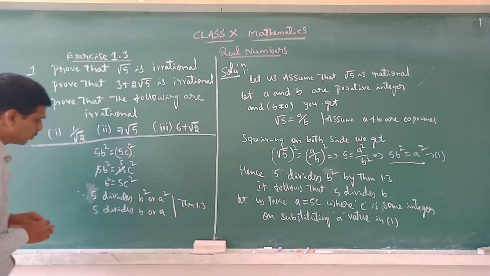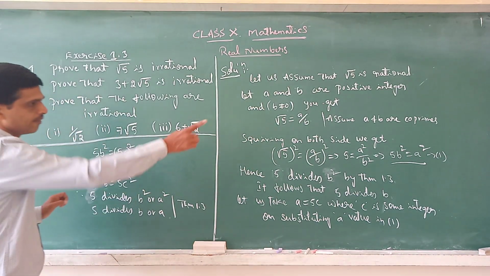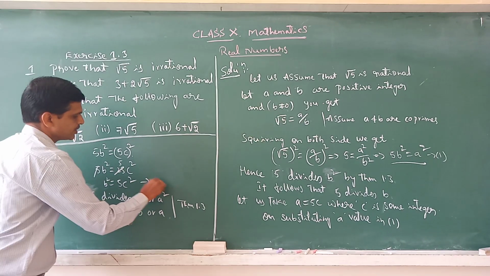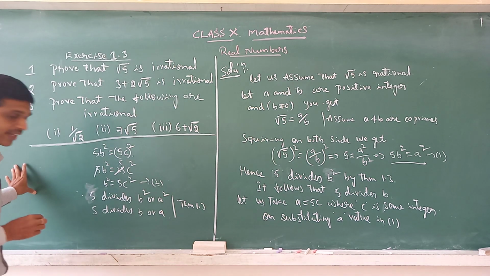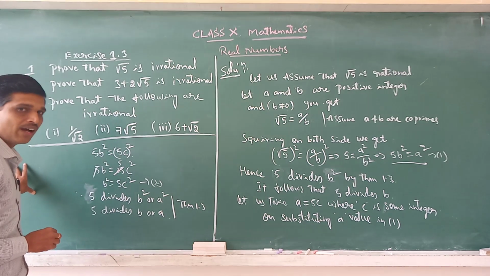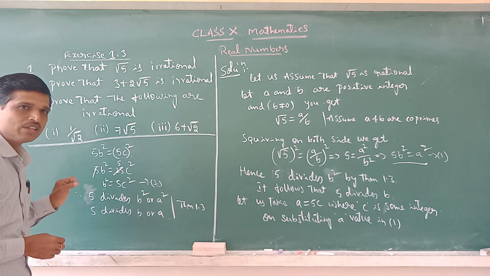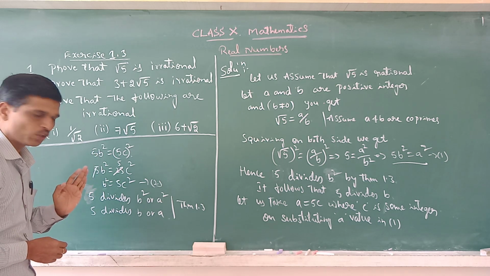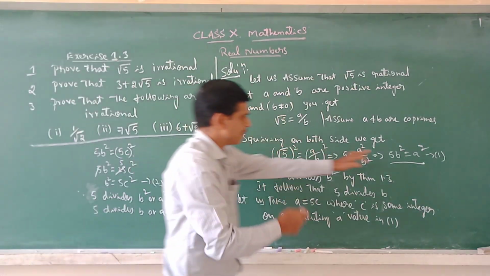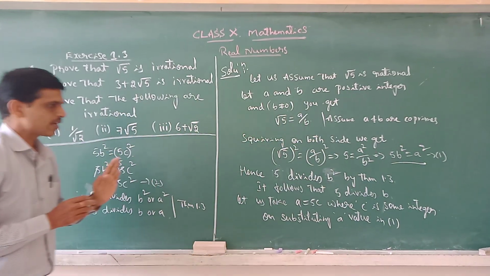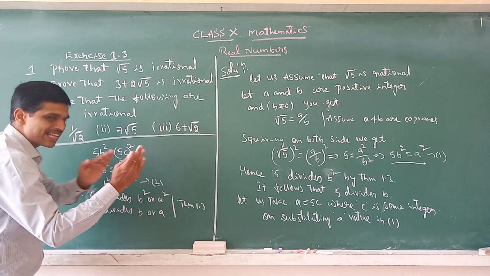Here, what we conclude from these two expressions, consider this one and this one also. So that is a square, here it is b square, meaning both a and b are integers, and I already assumed that they have some common factor other than 1. So if b square is divisible by 5 and a square is divisible by 5, those are the numbers which have the common factor 5.